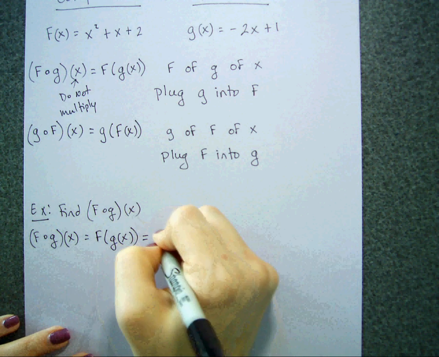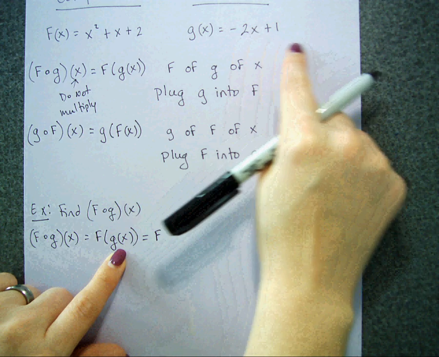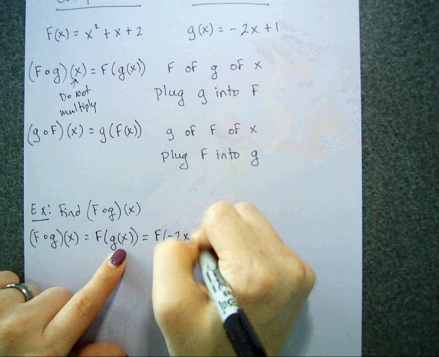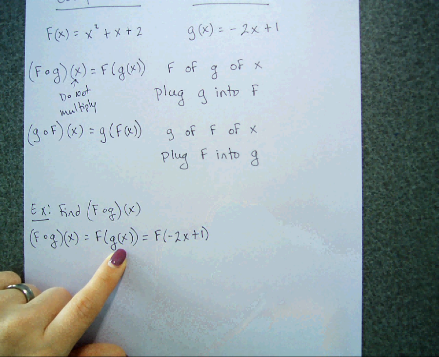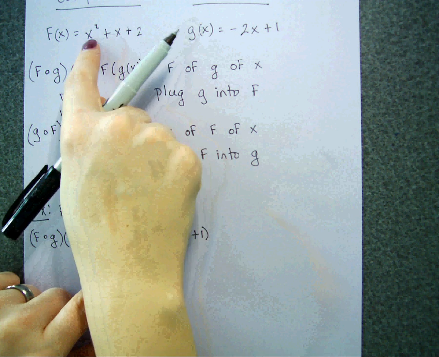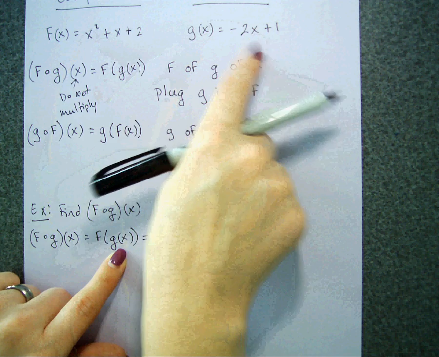So I'm plugging in negative 2x plus 1. So that means looking at f, everywhere there is an x value, instead of x, I will have g, all of g.